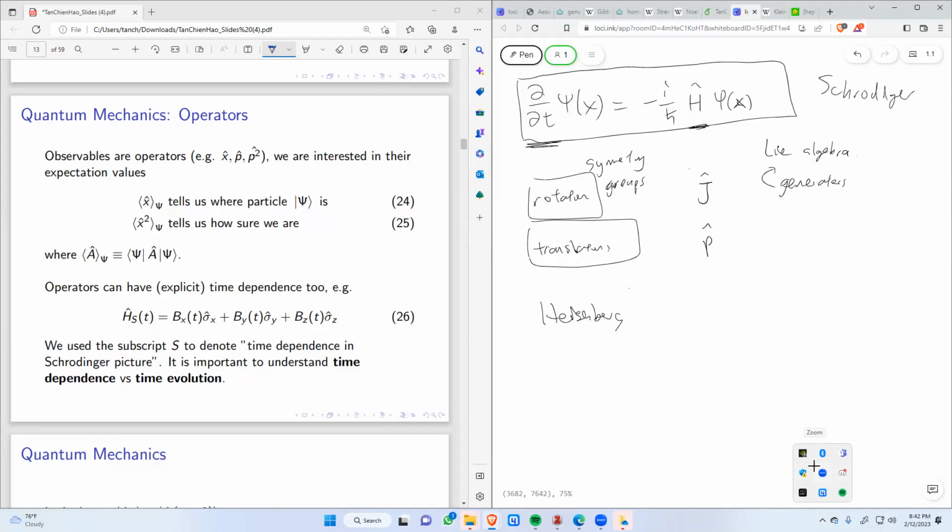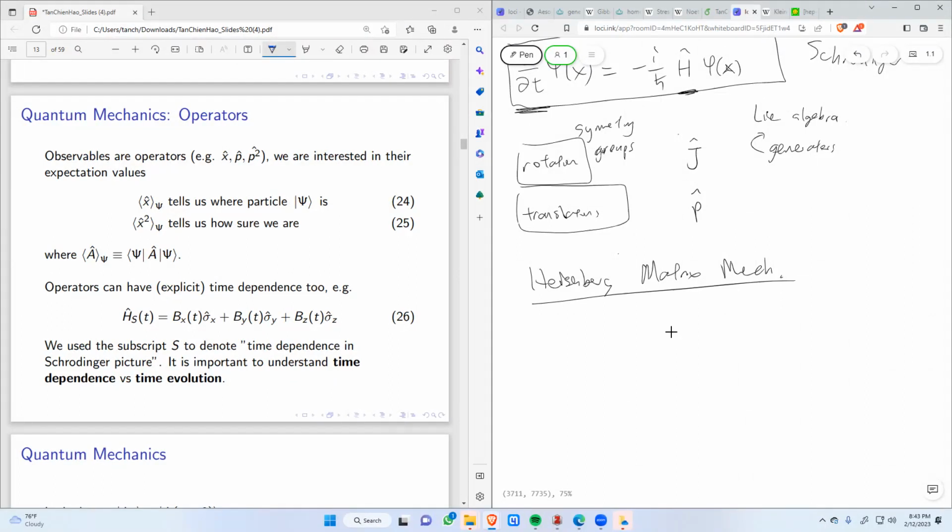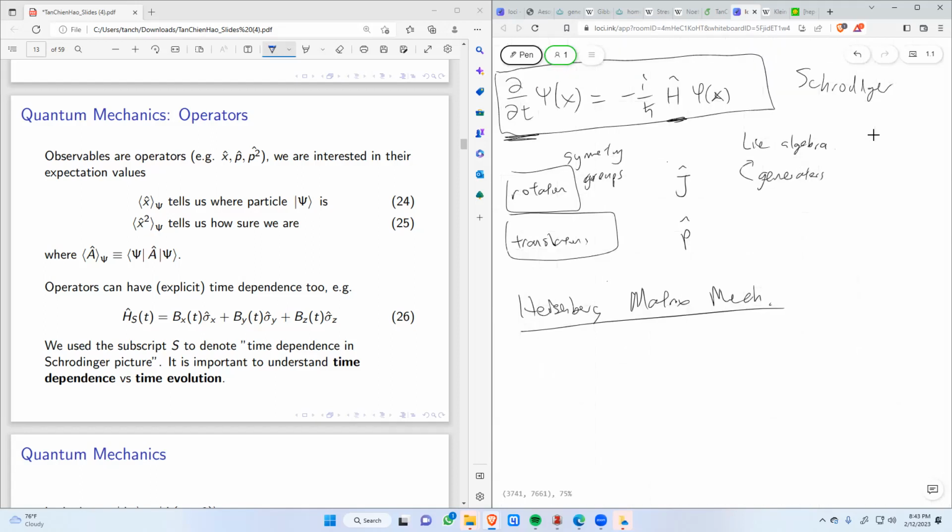So, Heisenberg matrix mechanics. Roughly speaking, without going into too much detail, it involved calculations of matrices. As an example, in the Schrodinger picture, when you have a raising and lowering operator, we think of it as acting on the states, the quantum states.